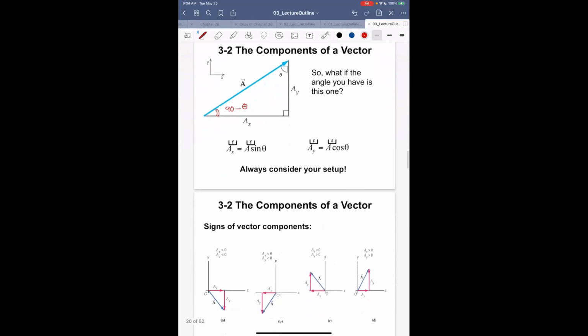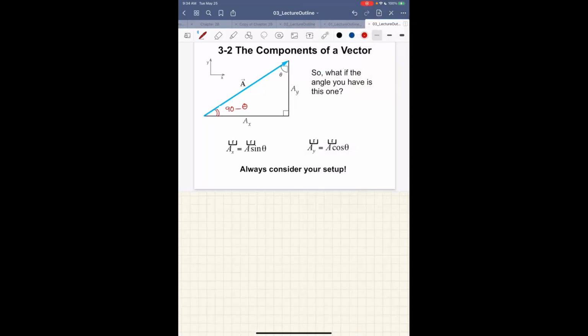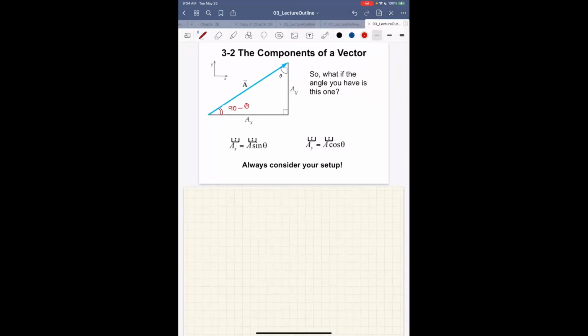Now, I am more comfortable with this, and you're going to see me do this all the time. I will always consider my angle with the positive x-axis in the counterclockwise direction.